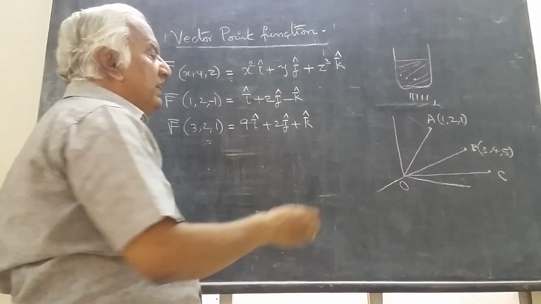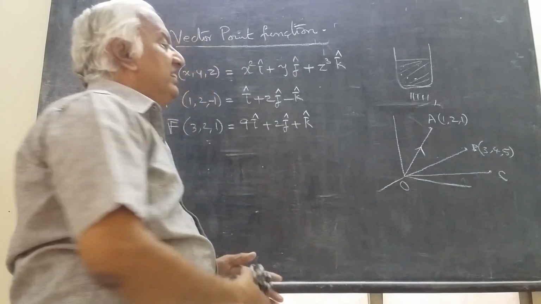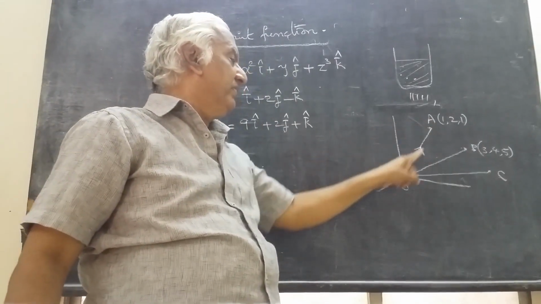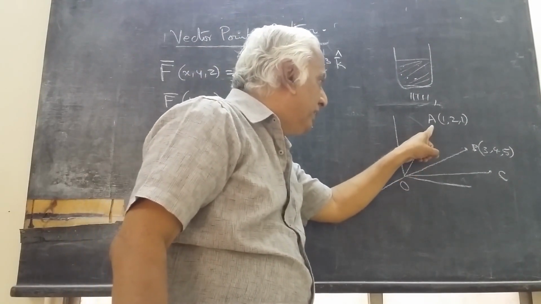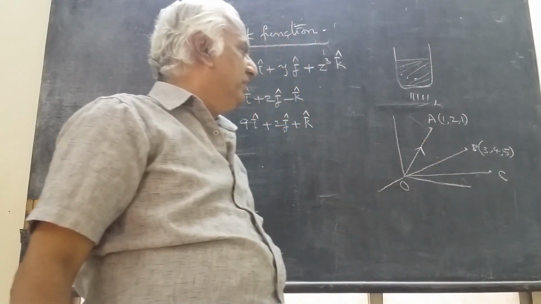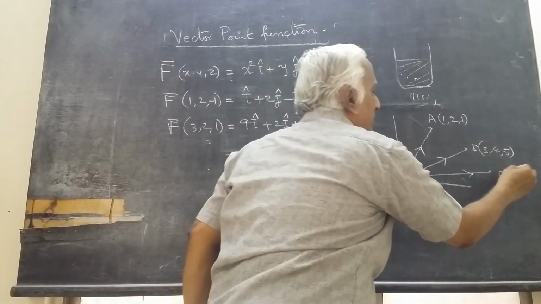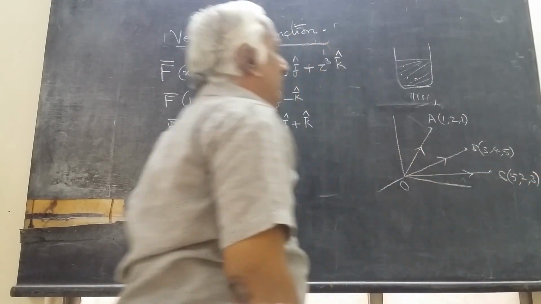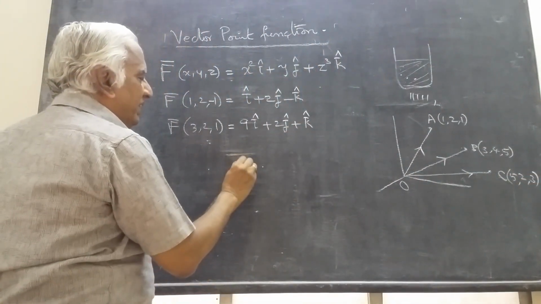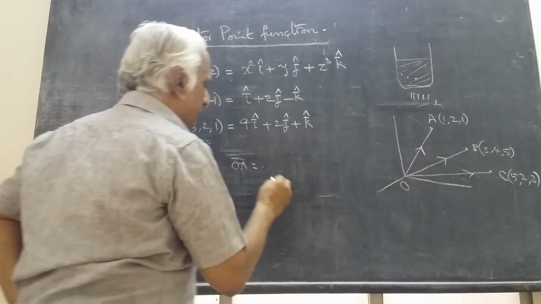Now you see, you consider the OA vector. That OA vector is called the position vector of A. So start from origin, go to the point A, this vector is the position vector. OB vector, OC vector. Suppose this point is 5, 2, 3. What is the OA vector? OA vector is nothing but 1i plus 2j plus k.